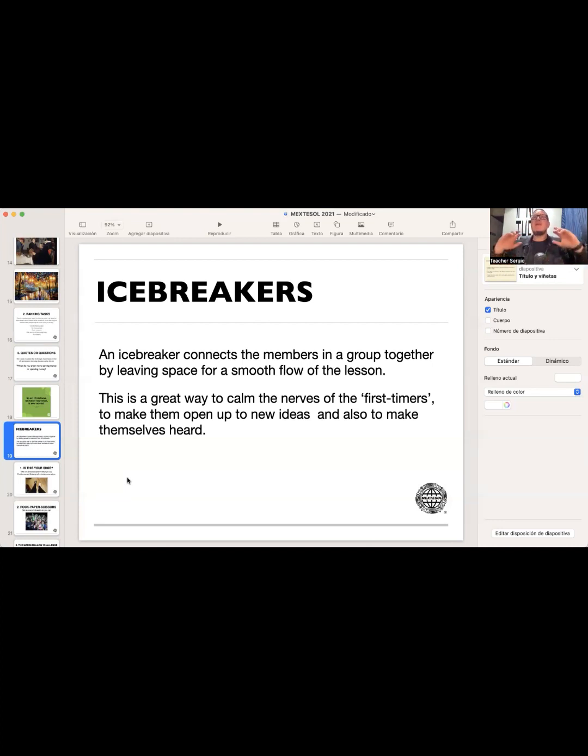You will give them an opportunity to be heard, but also you will demonstrate your personality and how the classes will be. So every single time you have a new group of people, and this is of course a recommendation, you should work on an icebreaker, something that allows them maybe to talk, to get to know each other, to start exchanging some ideas.